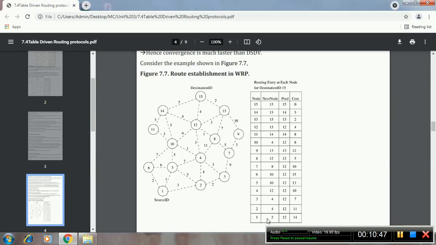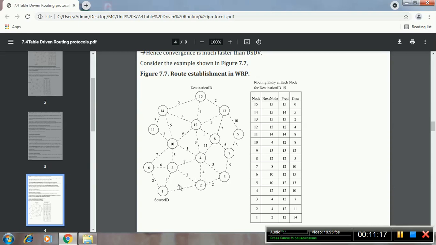For example, from node 1 I want to move to my destination node, what is my destination node? 15. Then what is the next node? The shortest distance is via 2. Next, the predecessor node for this is 12.